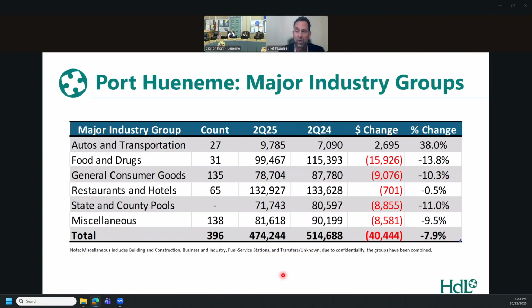Port Hueneme also has kind of a second hit there in that Ventura County, the majority of agencies within Ventura County are in the cannabis related business. And that's not the case. I meet with agencies throughout Orange County and Los Angeles County, and it's not nearly as predominant in those counties as cannabis is in Ventura County.